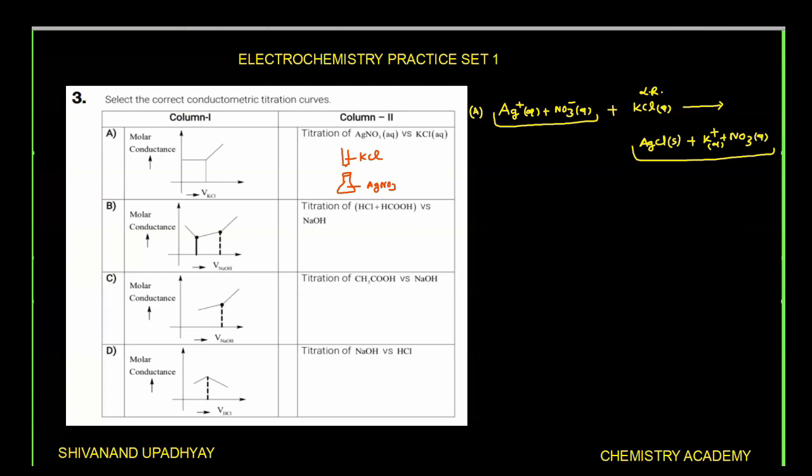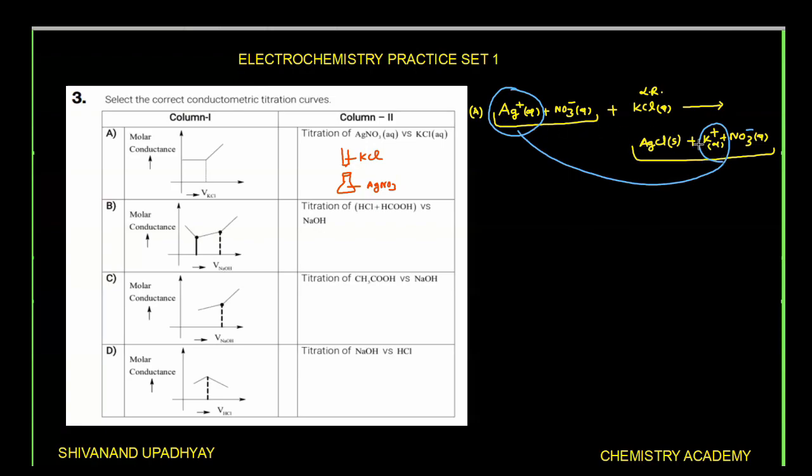When we are comparing the final part of the system with the initial part, this nitrate ion is common. So because nitrate ion is there initially and finally, there is no change of molar conductivity because of nitrate ion. AgCl is a bad conductor because it is in the solid state. So the conductivity should change because Ag plus ion is substituted by K plus ion, and both the ions are monovalent, right?